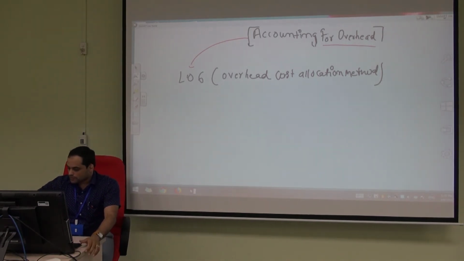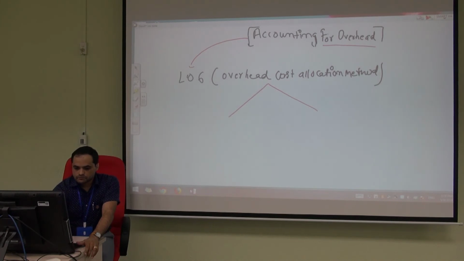Alright, so these two methods are called, the first method is traditional costing.